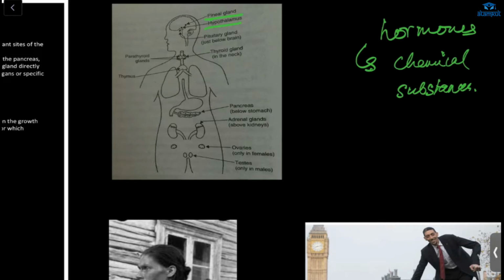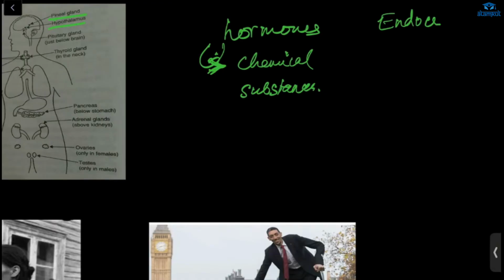But in the case of hormones, they are directly secreted into the blood, and the blood will bring them wherever required. That's why hormones are used. And these glands, what do we say? Endocrine glands.